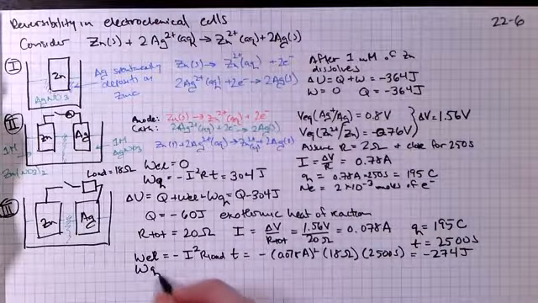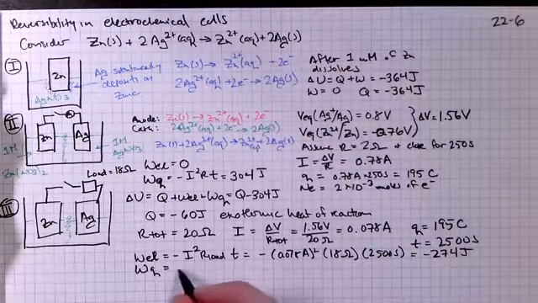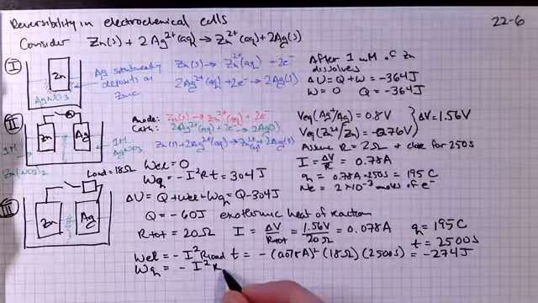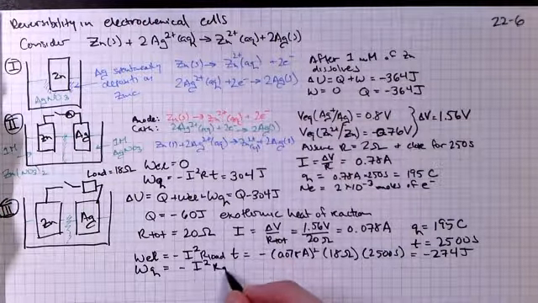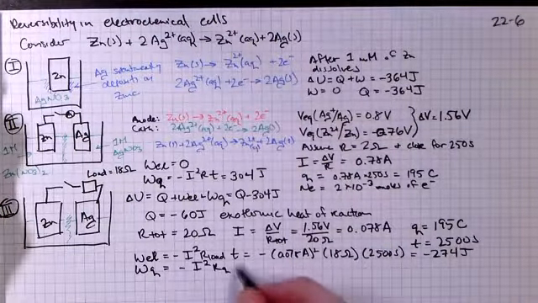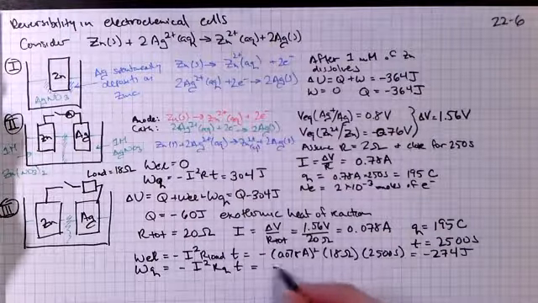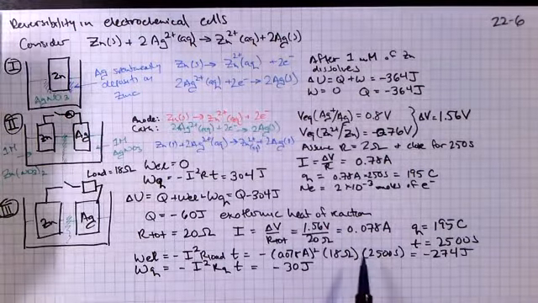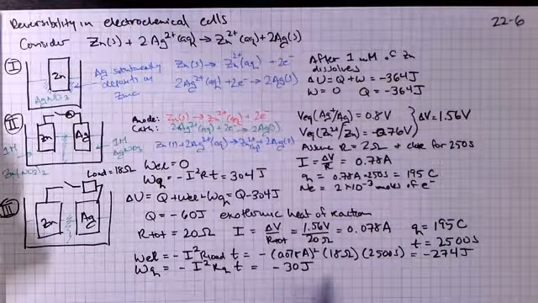The work dissipated as heat by electrons going through the circuit is going to be minus I squared R of the circuit. So we're calling that R, let's call that RQ, T. So that's going to give us minus 30 joules. This is much less now, right?